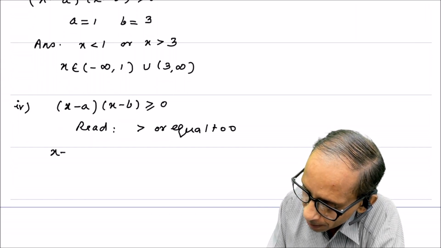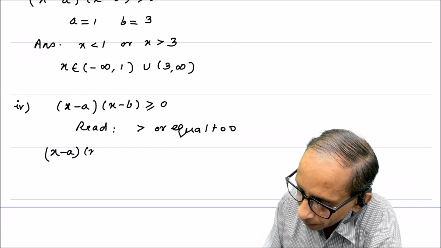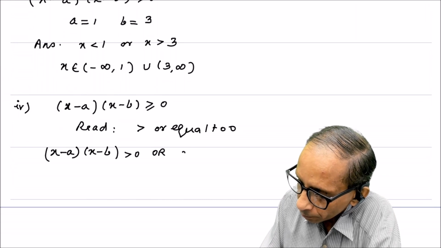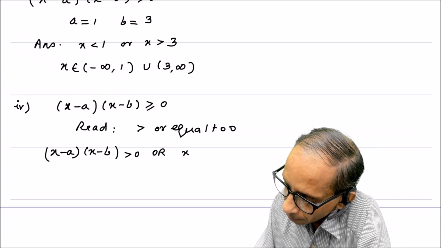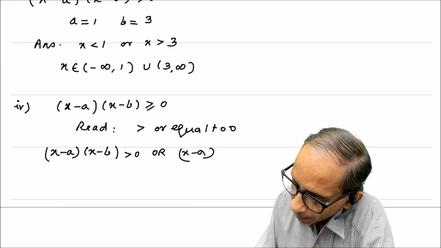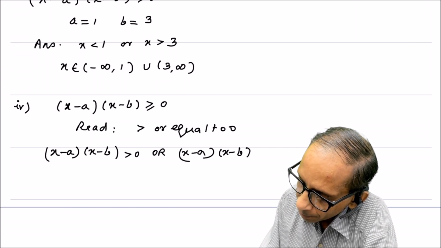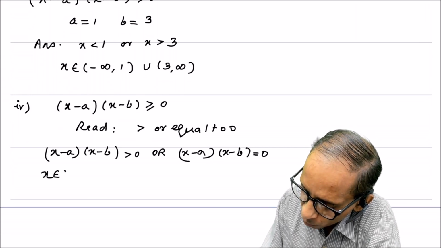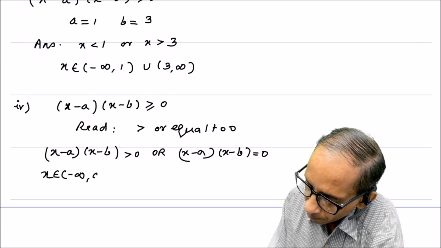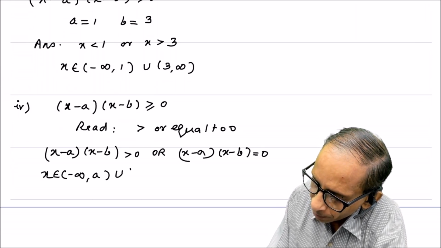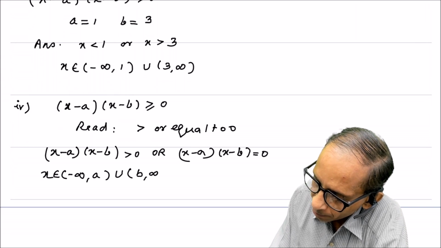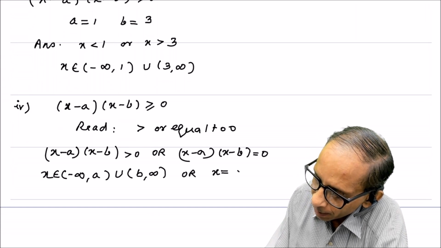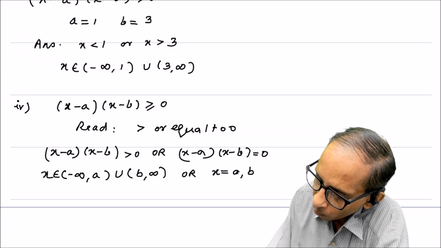So this is (x minus a) into (x minus b) greater than 0, or (x minus a) into (x minus b) equal to 0. This one says x belongs to minus infinity to a union b to infinity, and this one says x will have values a or else b.